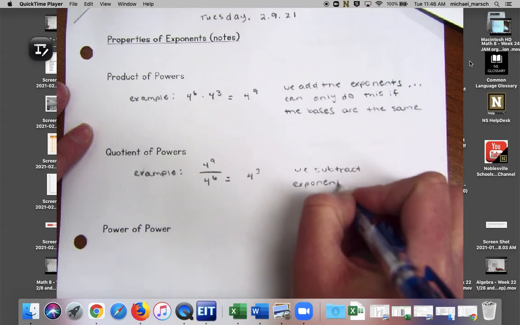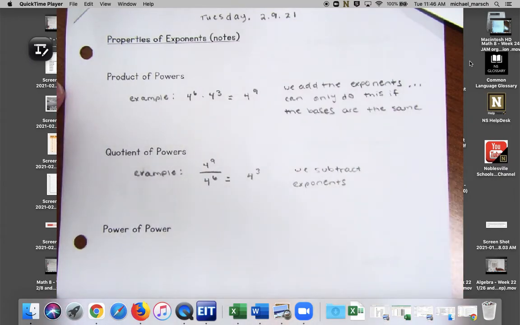Again, you have to have the same base, which makes sense because multiplication is repeated addition, right? So we added them, and then division is repeated subtraction. So we subtract them, yeah? Is this fond memories from 7th grade?